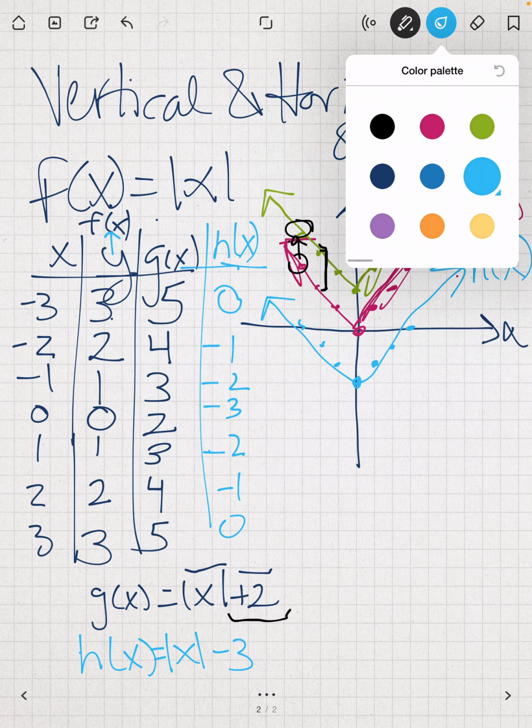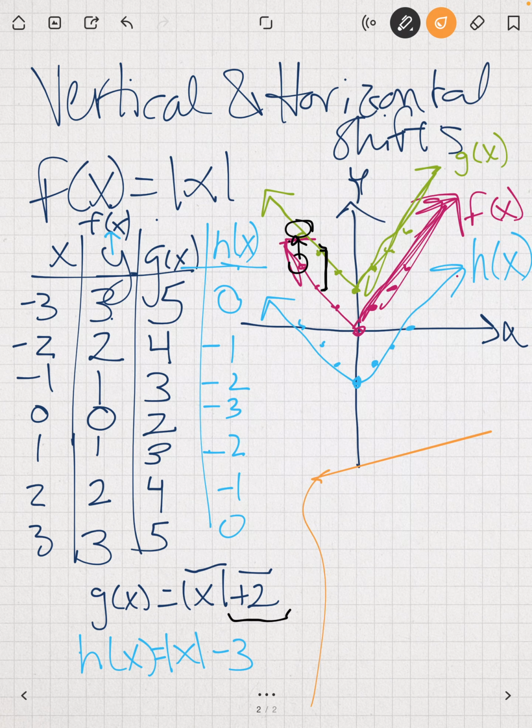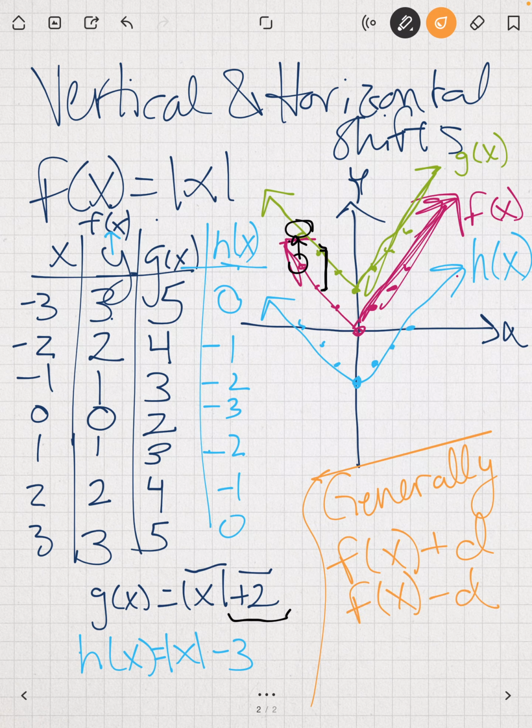Generally speaking, whenever we have some function plus a constant or some function minus a constant, that's a vertical shift. If you have y equals x, our identity function, x plus 2 is just that graph shifted up 2 units, or minus 5, down 5 units.